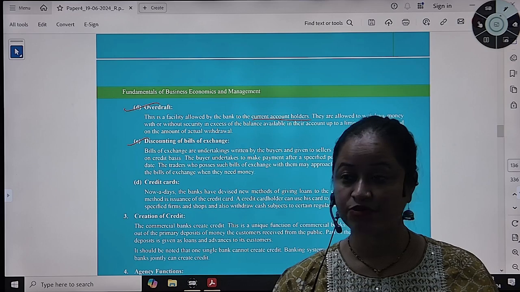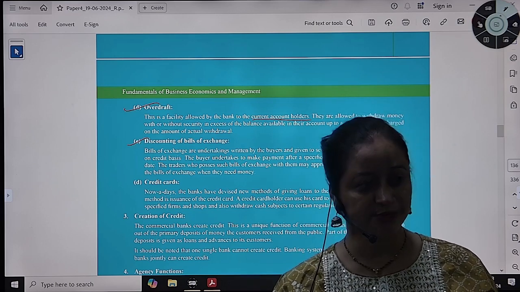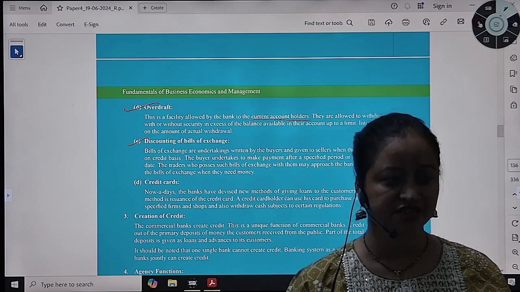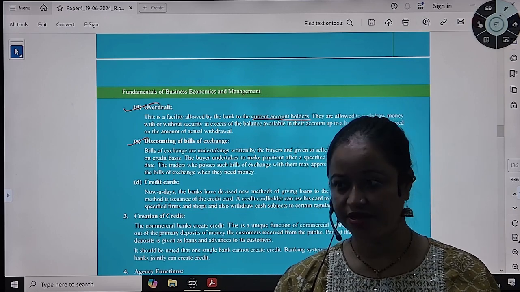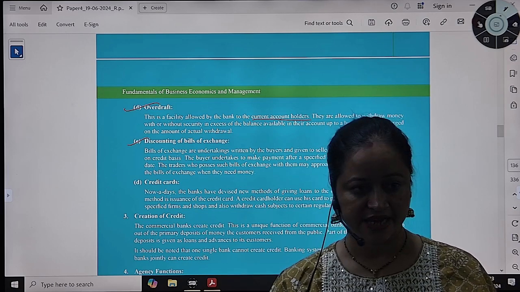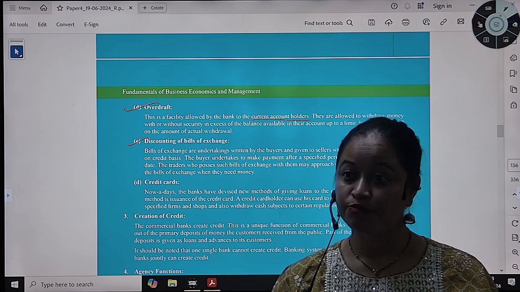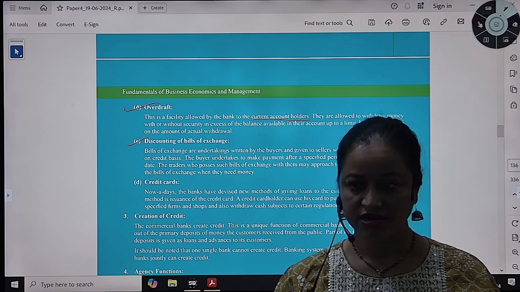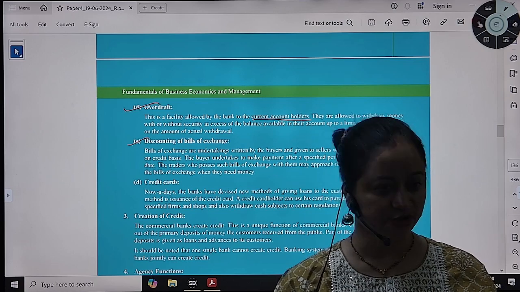That is discounting of bill. On the maturity date, December 1, that money will be recovered from the drawee. It will be recovered from the party by the bank. So that 5,000 is the profit for the bank. That is also one kind of loan given by the bank to the customers.